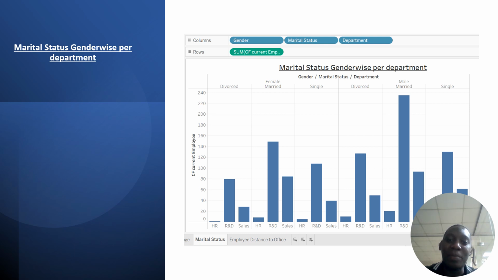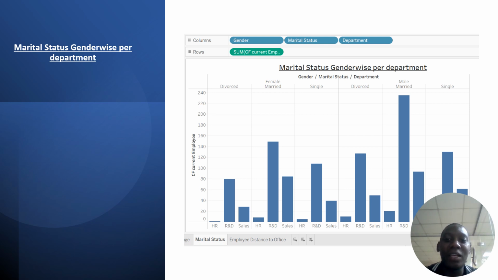Unfortunately, in my extract, I did not show these values as the real values, but in HR, it is only one person that is divorced. This first part shows the divorced females, and then those that are married, those that are single. Then it goes to the males. They do the same thing.